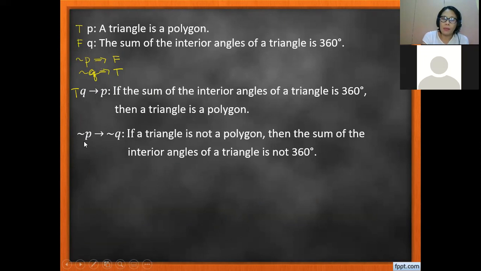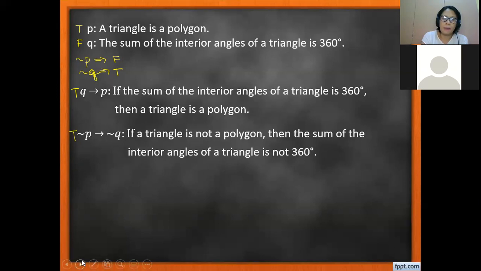So going back here, if negation of P then negation of Q: if a triangle is not a polygon, then the sum of the interior angles of a triangle is not 360. Or we kept on making use of the phrase, it is not the case that. So another way of expressing the negation is making use of the word not. Now, this is negation of P, negation of Q. So we have FT. So FT is true, right? From the truth table of the implication. So this is true.